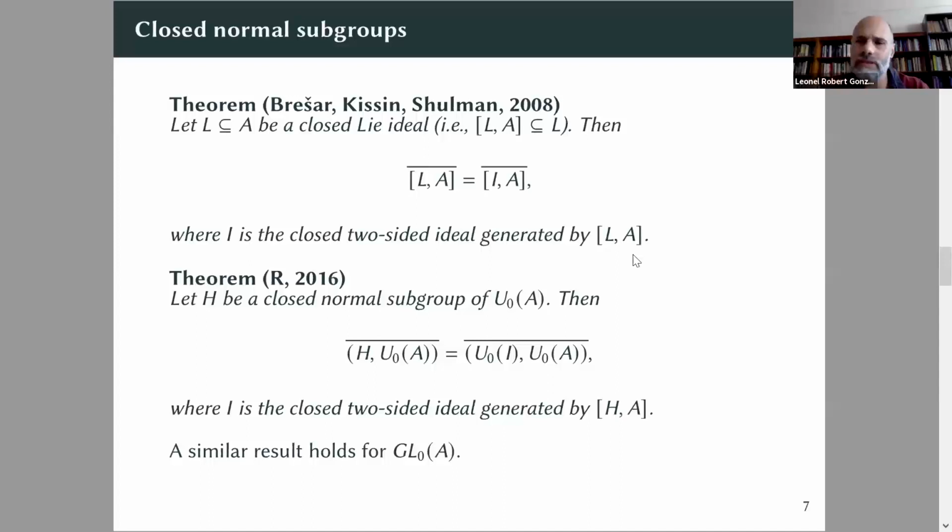Sorry, there is a question? What a Lie ideal is? Just a vector subspace such that when I take commutators of anything in the vector subspace with the algebra, I get something in the vector subspace. For example, the span of the commutators is certainly a Lie ideal.